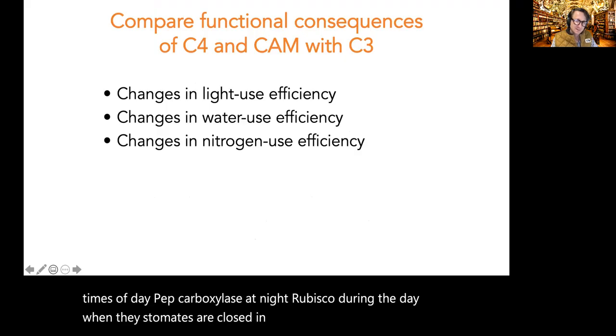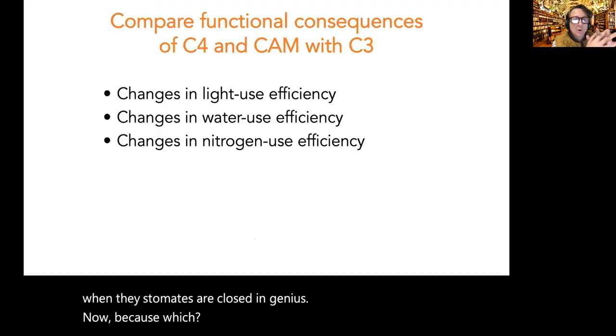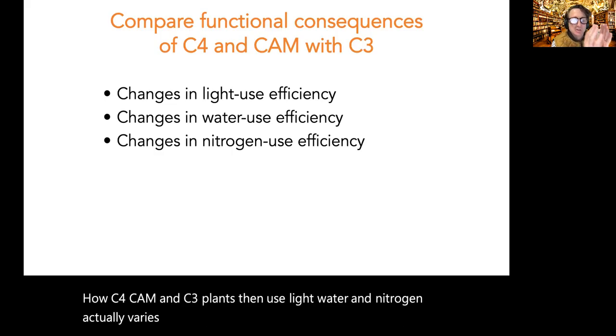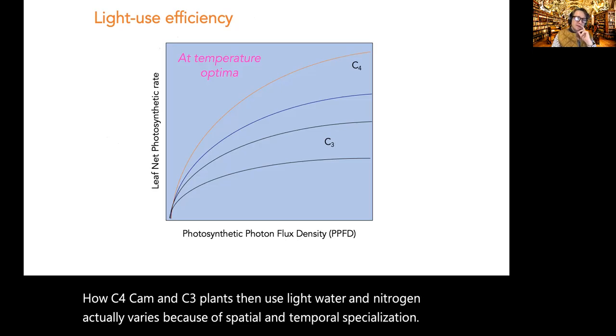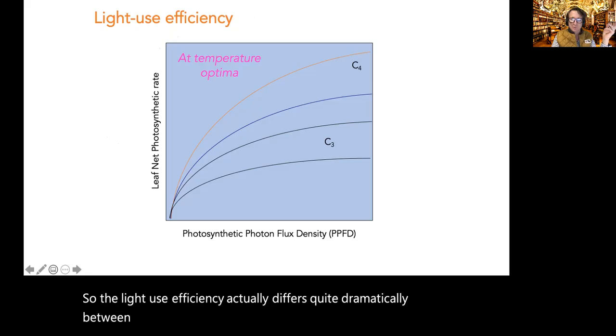Ingenious. Now, how C4, CAM, and C3 plants use light, water, and nitrogen actually varies because of spatial and temporal specialization. Okay. So the light use efficiency actually differs quite dramatically between C3 and C4 plants.